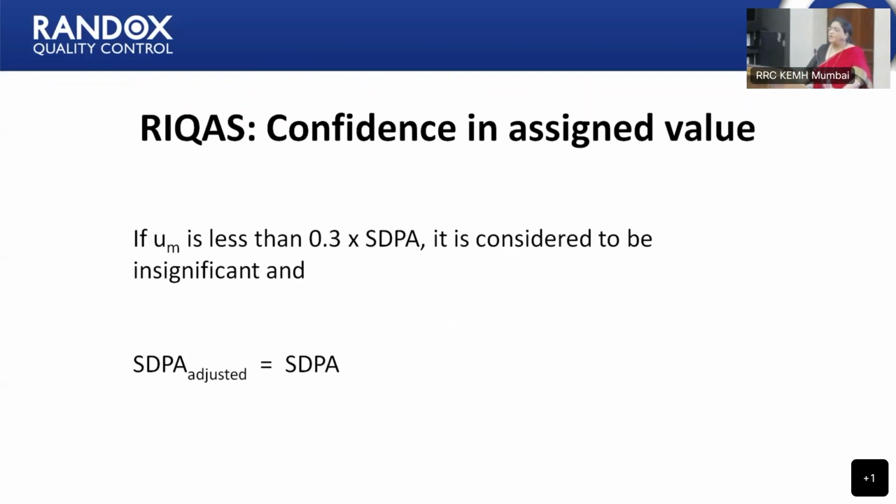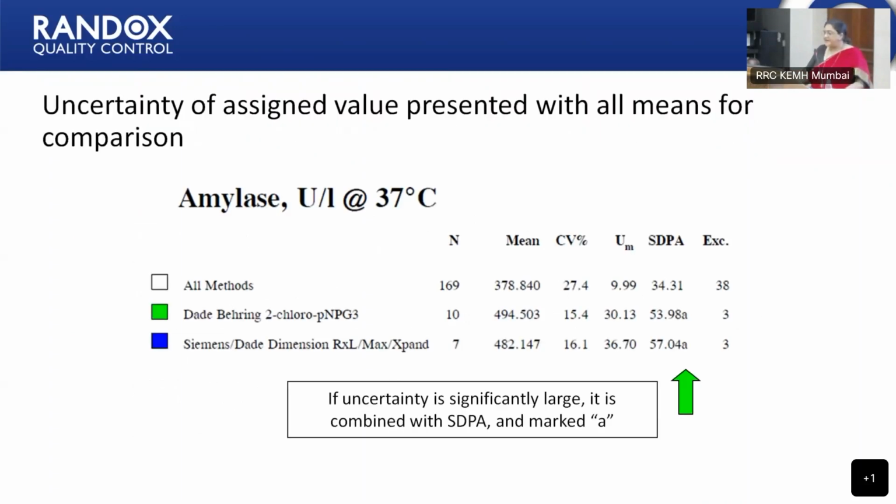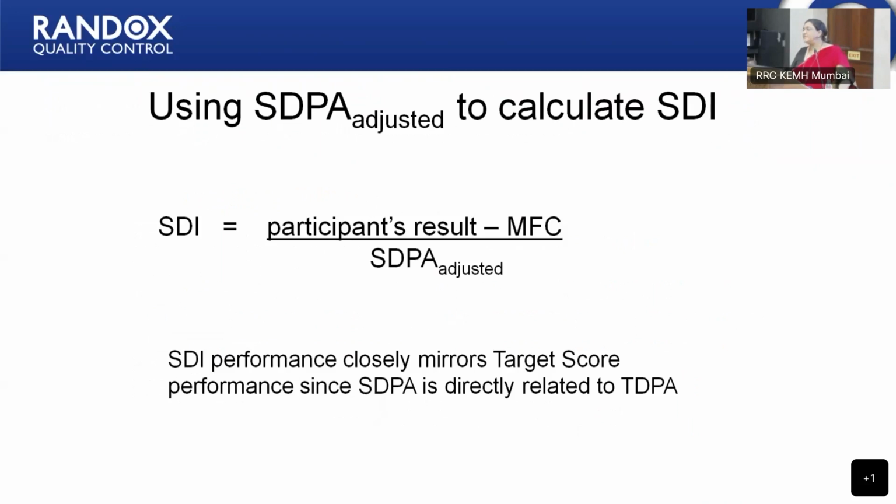And a new SD is derived, flagged as SDPA adjusted. It will be reflected as SDAA, this alphabetical array over there. And the SDIs are then calculated using this newly flagged SDPA.